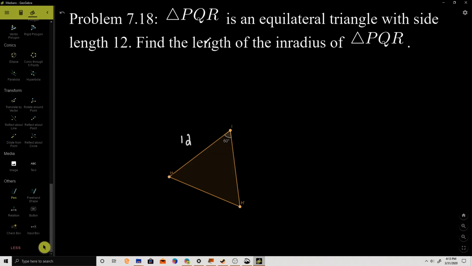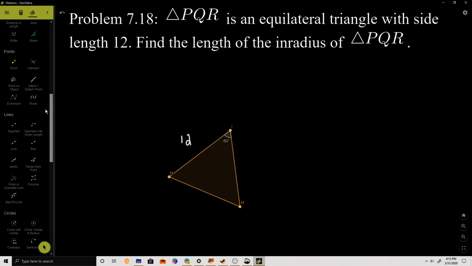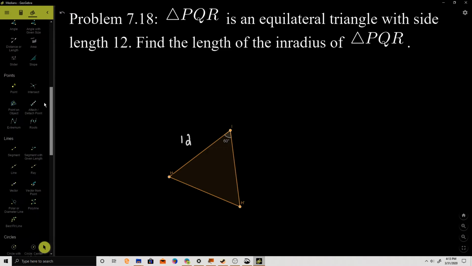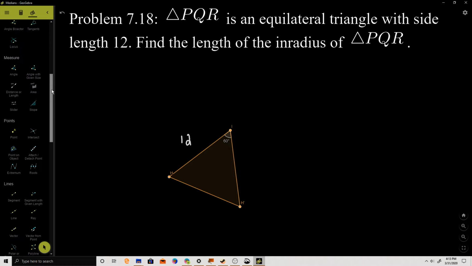Now, find the length of the inradius of PQR. Well, the incircle, if we remember, is the circle formed by tangent lines of the triangle. So, in order to find the inradius, we need an incircle.